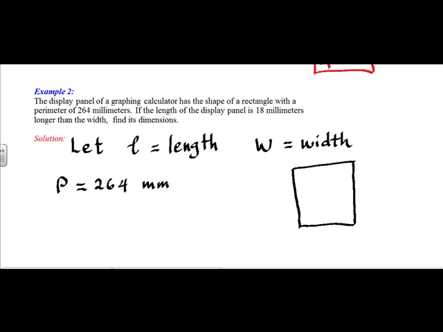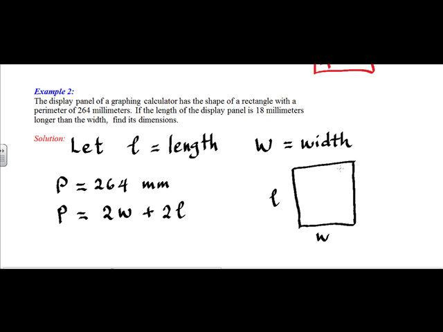What we learned from geometry is that the perimeter of the rectangle is 2W plus 2L. Right here is the length, and right here is the width. You have two of each, one on top and one on the side.